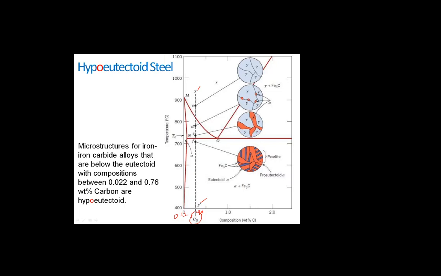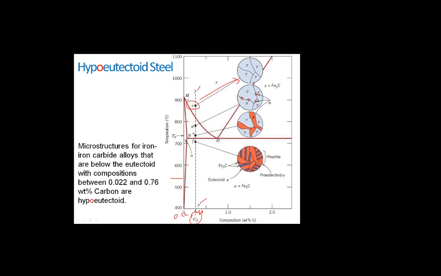At about 875 degrees centigrade, at the point C, the microstructure will consist entirely of grains of the gamma phase, as represented here.